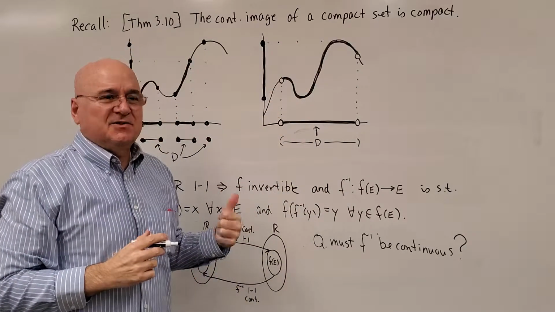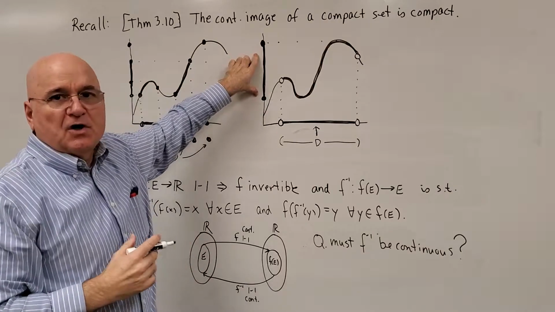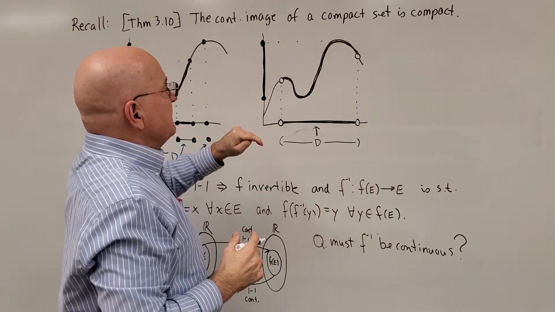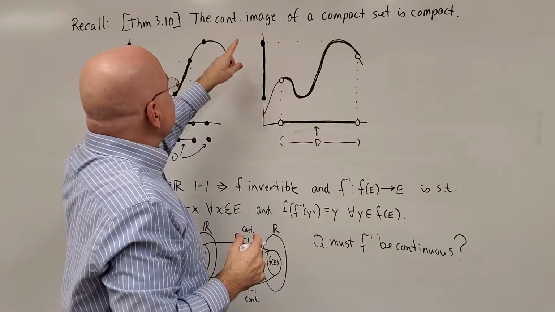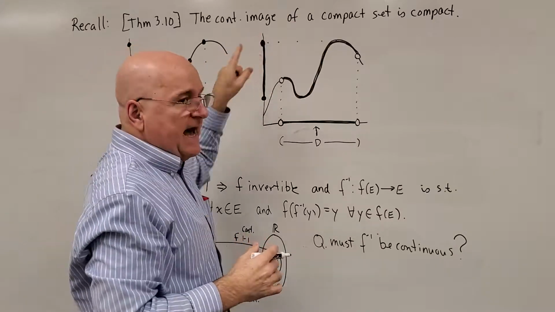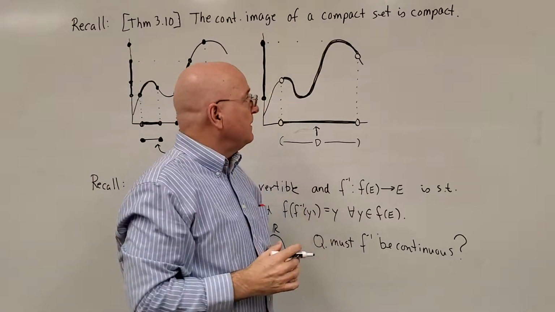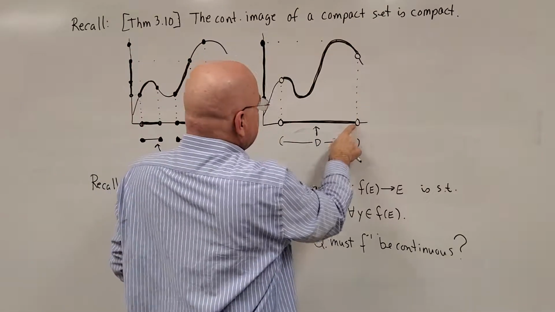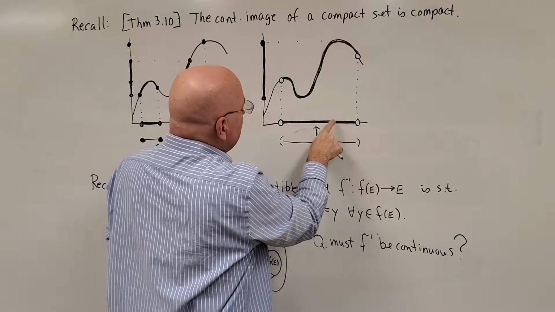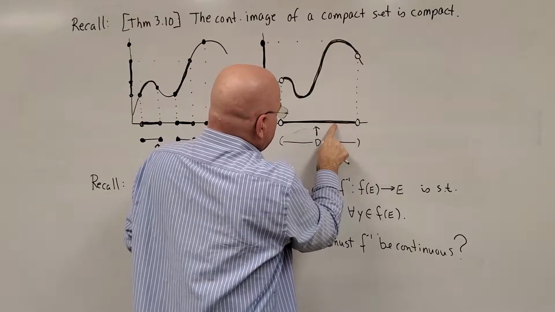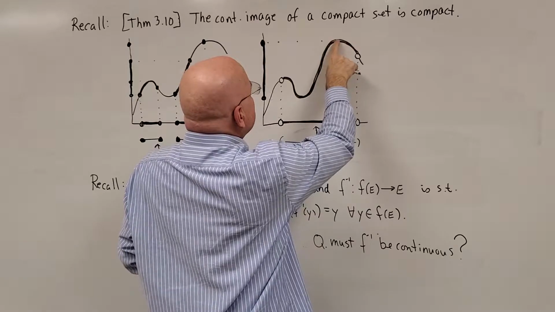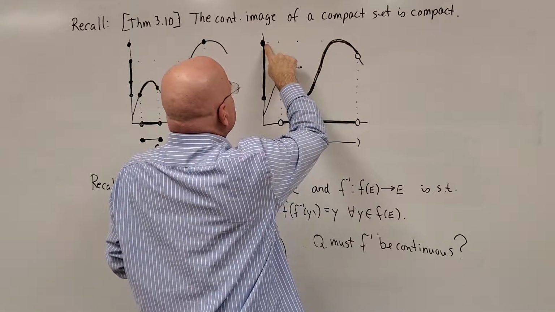Well, what does this look like? It looks like a closed interval, a compact set. So the continuous image of a compact set is compact. It doesn't say that the image has to be compact only when the domain is. We could easily see that if I were to change this D to be right here, where it goes right to the top, then this would be an open ball here.